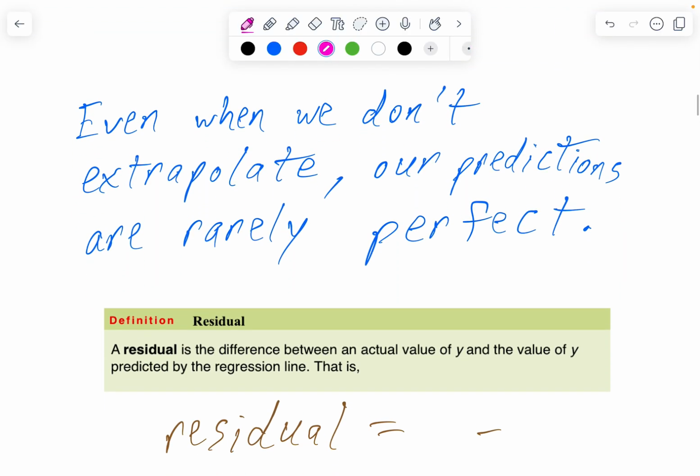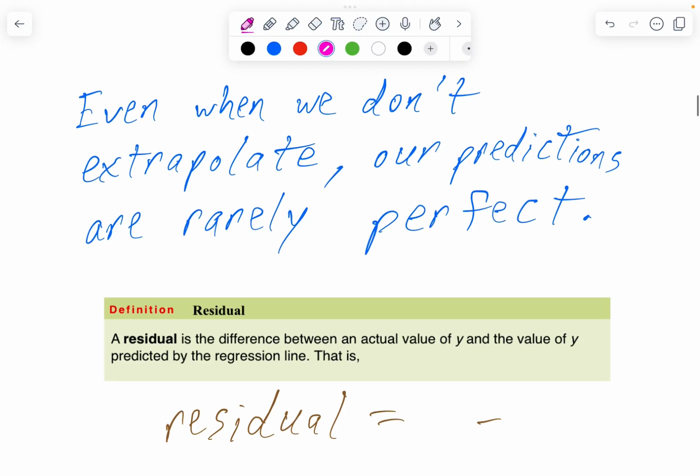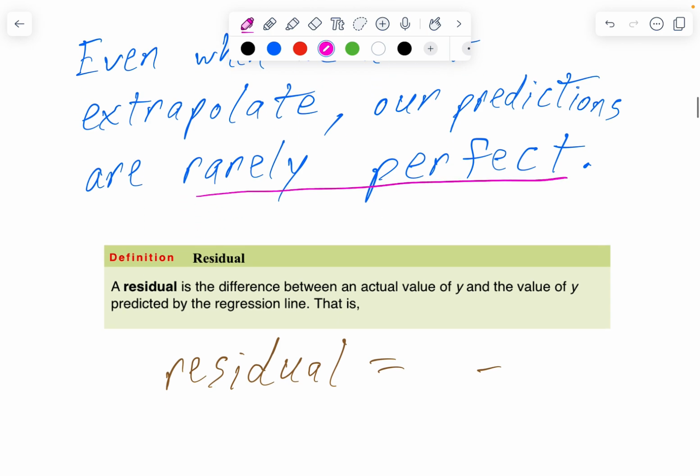Now, even when we don't extrapolate, that means we are making a prediction inside the interval of X values we're given, the predictions are rarely perfect, basically never. We're getting a prediction, but that prediction is going to be off by a little bit. In statistics, that error, how much we're off by, is called a residual value.